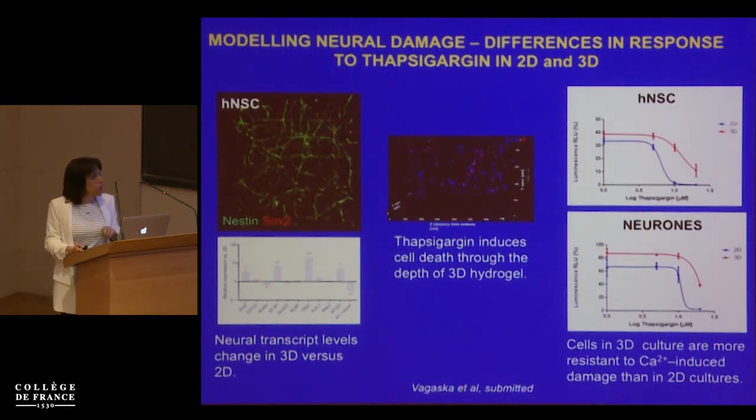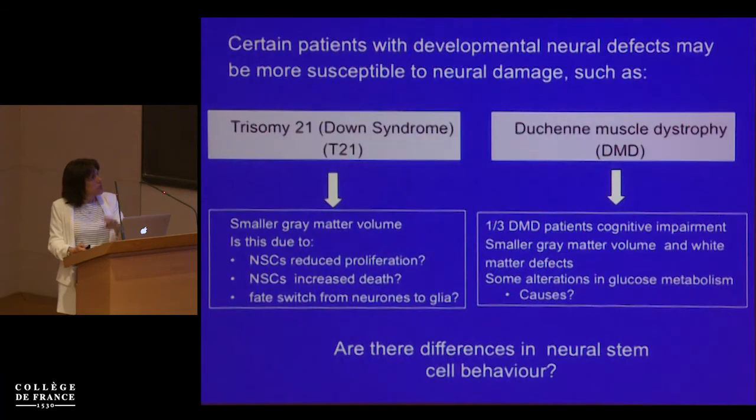And that is an important point, because if you think about using certain drugs for developing treatment, obviously testing a compound on a monolayer might give us quite a false impression of what might be worth developing and studying more in depth. And then we used this model further to study two diseases, and I am only briefly going to say something about trisomy 21.